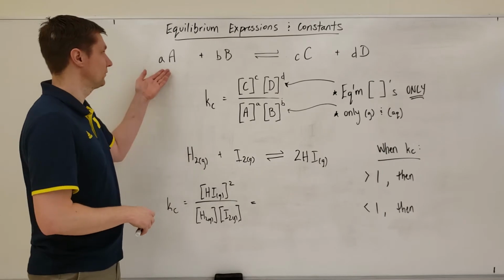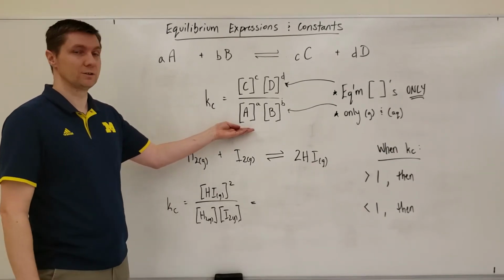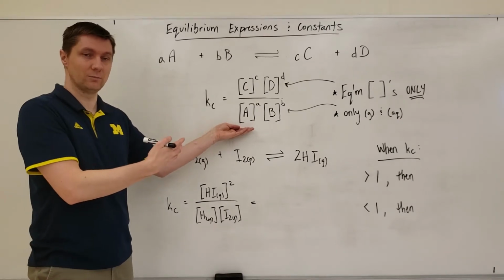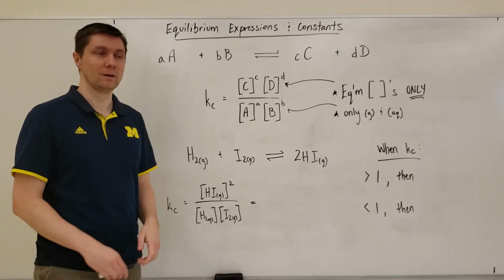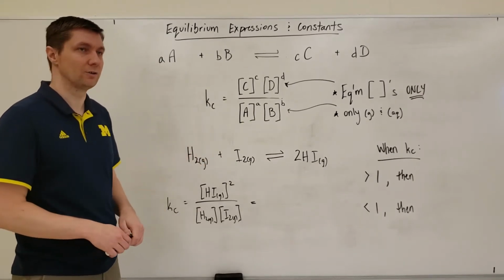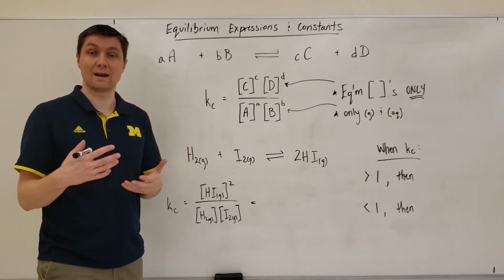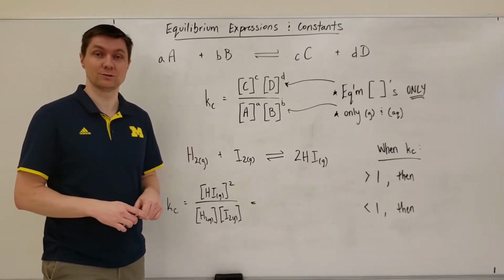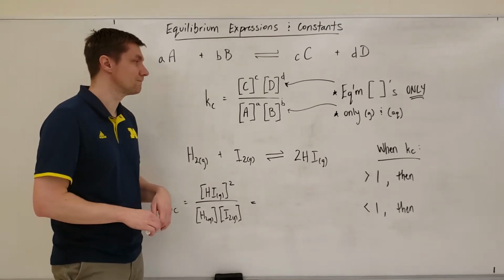If A, for example, has a coefficient of 3, then when I put its equilibrium concentration into the equilibrium expression, I have to raise that concentration to the power of 3. This aids our calculations by taking into account that these reactions react based on ratios. Those coefficients mean something, and they've got to be a part of our calculation.